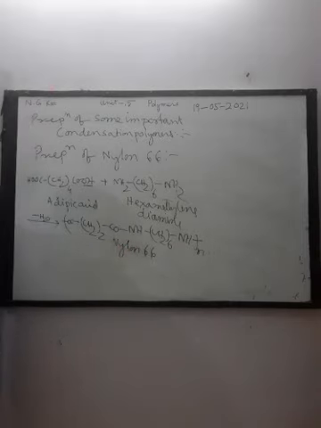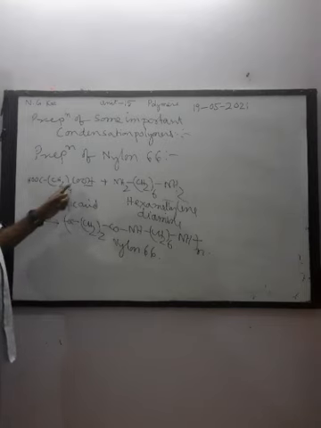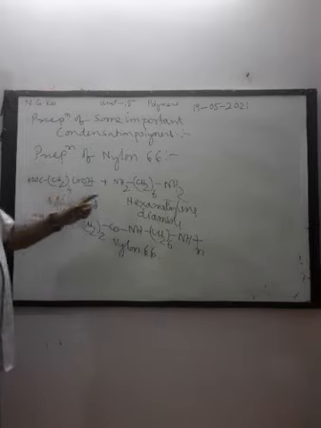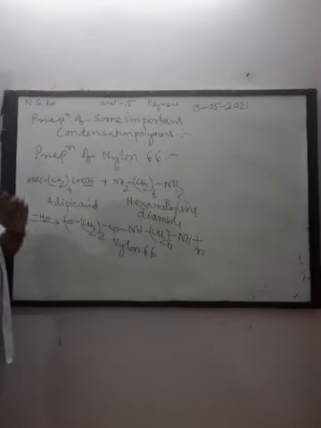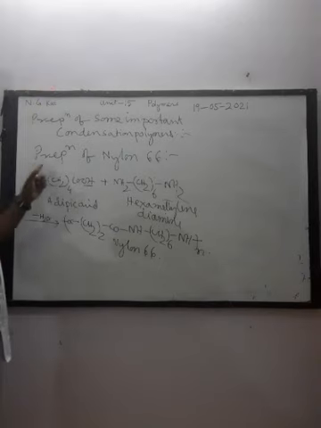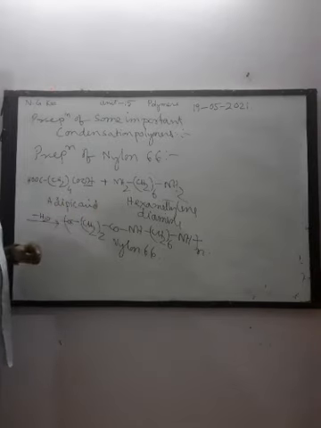Why is it called nylon 6,6? Because both the monomers, adipic acid which contains 6 carbon atoms and hexamethylene diamine also contain 6 carbon atoms. So it is called nylon 6,6. So what is the preparation of nylon 6,6? Nylon 6,6 is prepared from adipic acid and hexamethylene diamine by condensation polymerization.